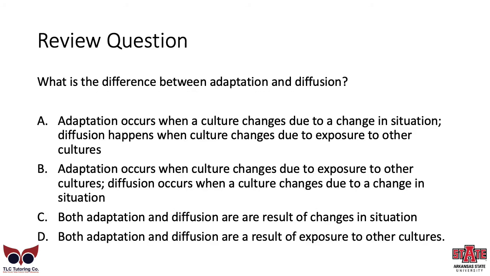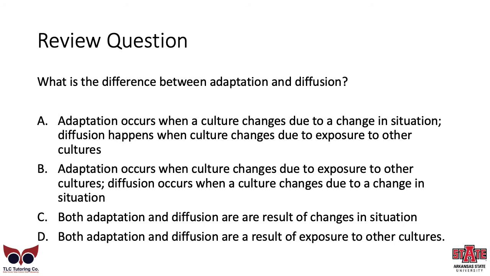Review question. What is the difference between adaptation and diffusion? A. Adaptation occurs when a culture changes due to a change in situation. Diffusion happens when a culture changes due to exposure to other cultures.